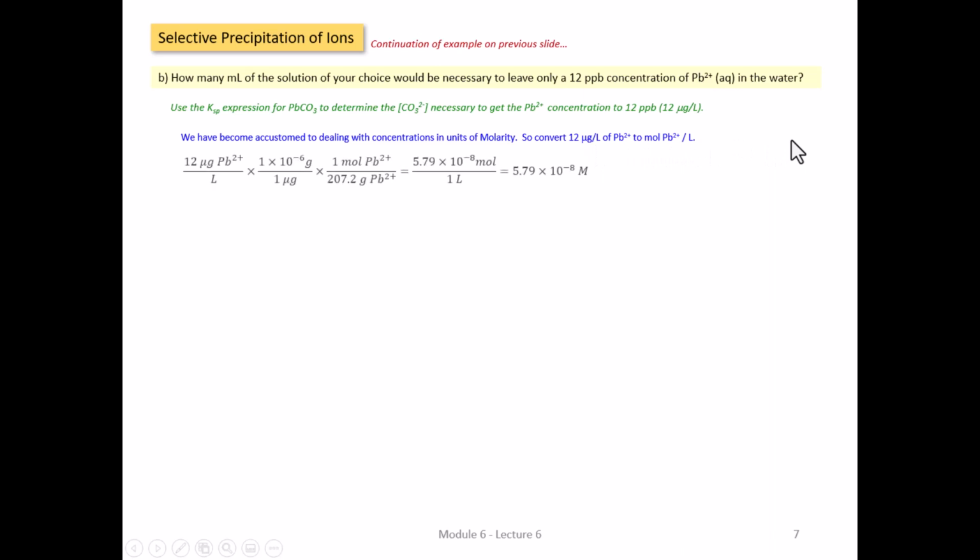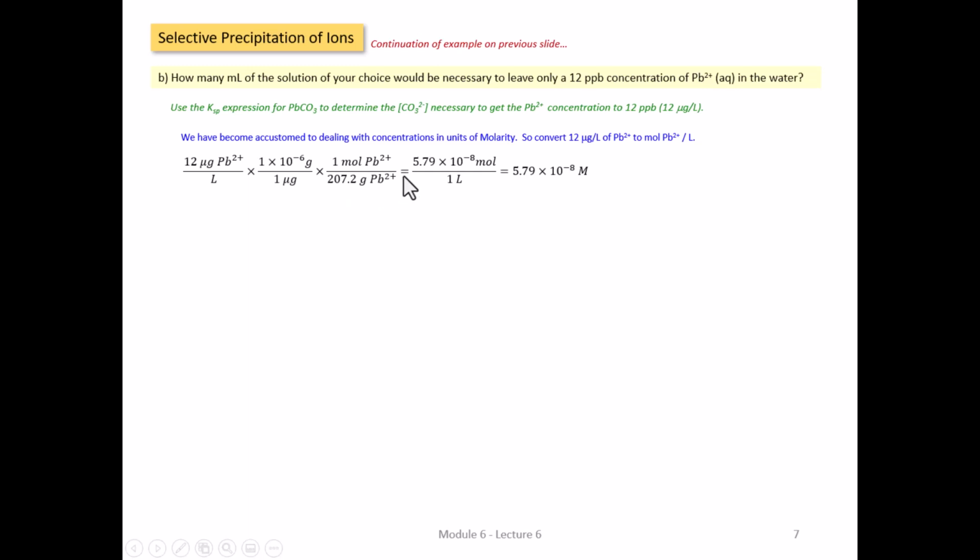We should be able to do that by writing out that 12 micrograms of lead ion per liter times the fact that 1 times 10 to the minus 6 grams equals a microgram, times the fact that we know 1 mole of lead ion has a mass of 207.2 grams. We know that because that's the atomic weight of lead, and a lead ion is not going to weigh anything different that's significant for us from just a lead atom.